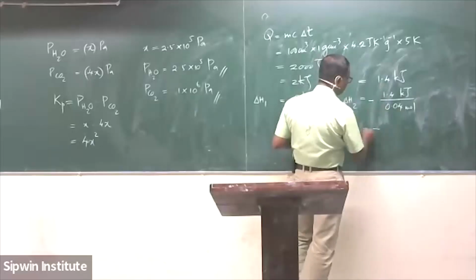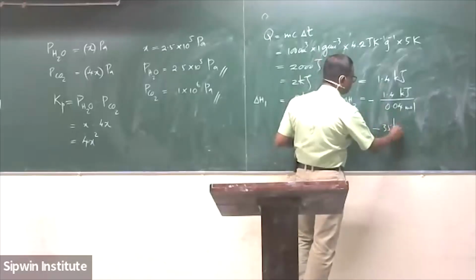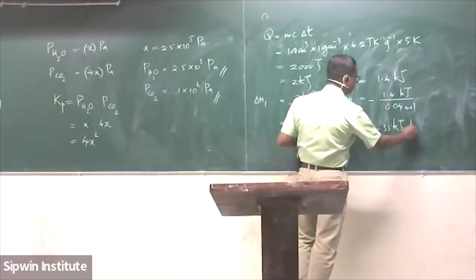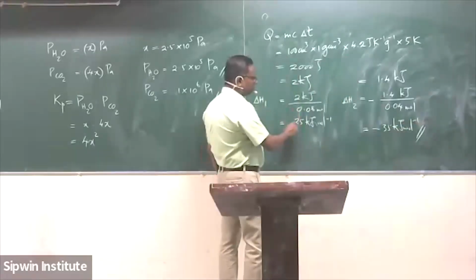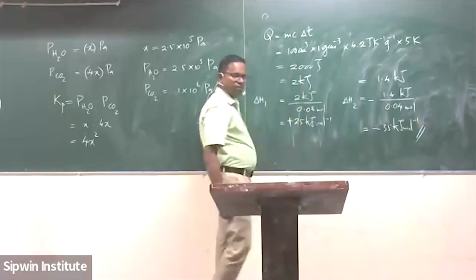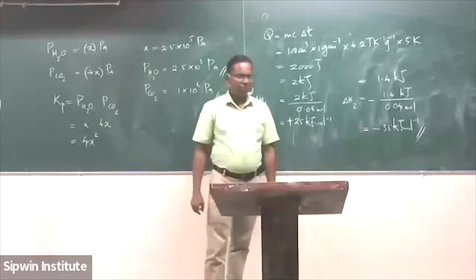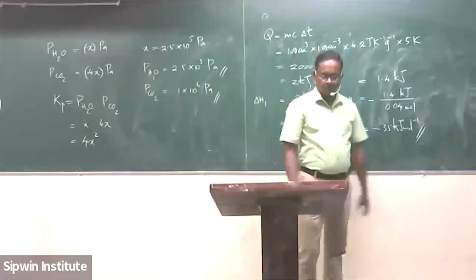So minus 35 kilojoules per mole. Here it is plus, a positive value. Here you definitely have to write that.